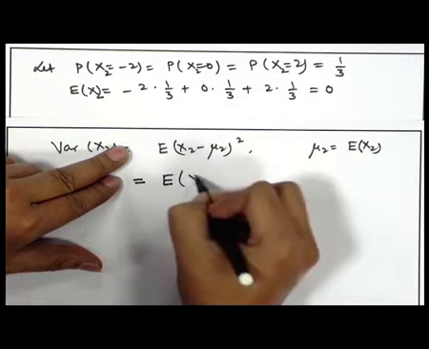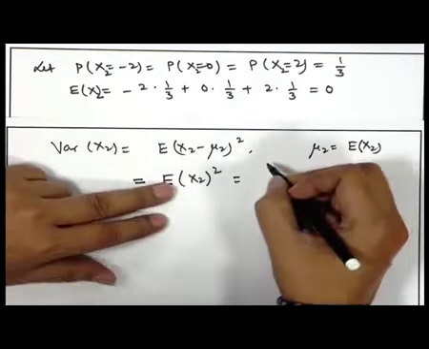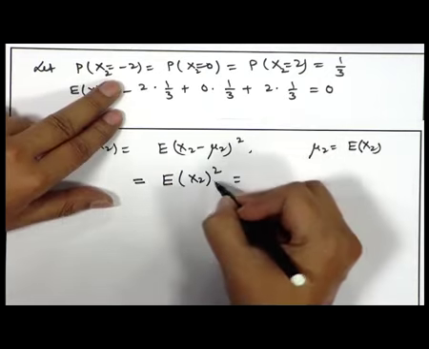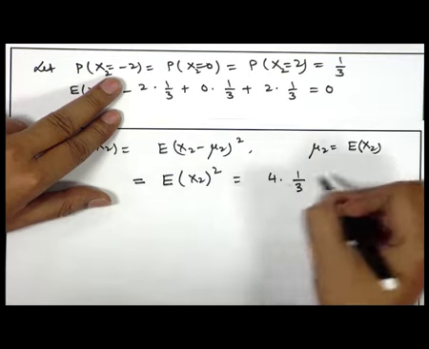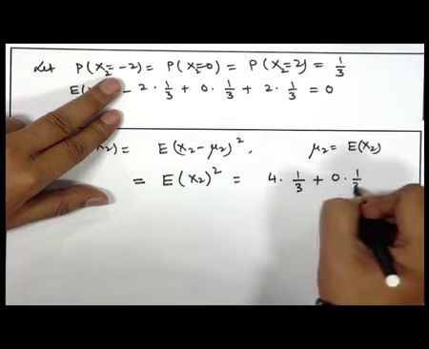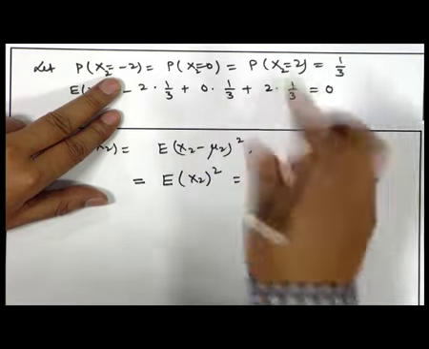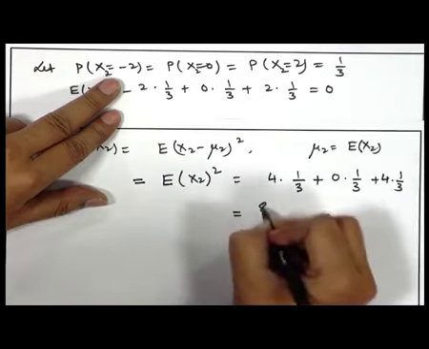So, this becomes expectation of x2 square. x2 is taking values minus 2. So, minus 2 square is 4 into the probability of x2 equal to minus 2, that is 1 by 3, plus 0 into the probability, plus 2 square is 4 into 1 by 3. It becomes 8 by 3.